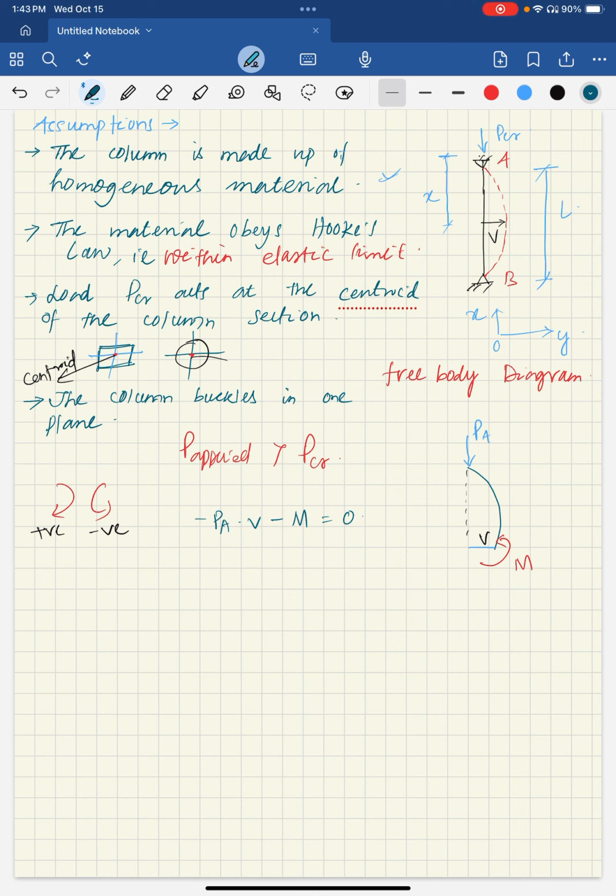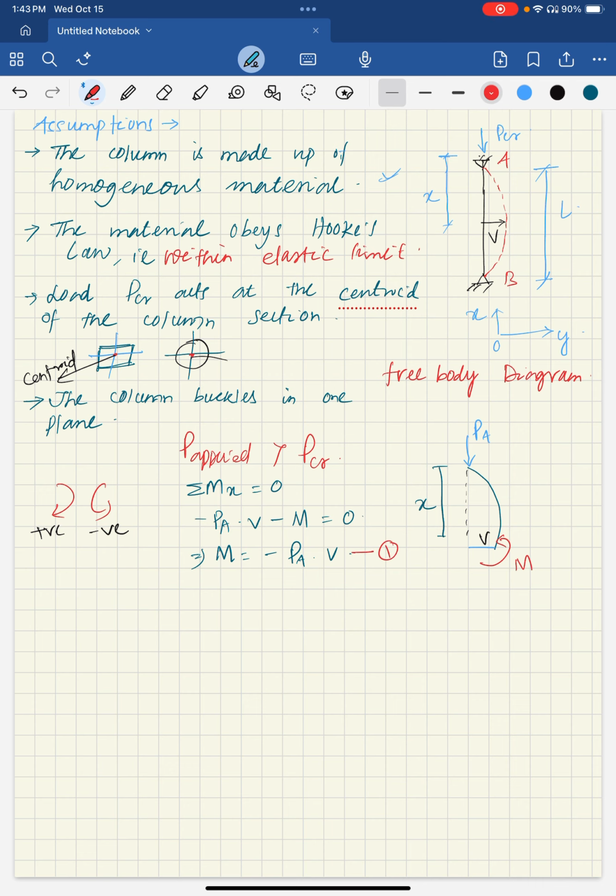This we got when we take moment about x equal to 0. So x is at a distance, and at this particular distance x, if you take moment, we have PA into P. This force is anticlockwise in the perpendicular direction. Now from here we have M equal to minus PA times P. Keep this expression as 1.